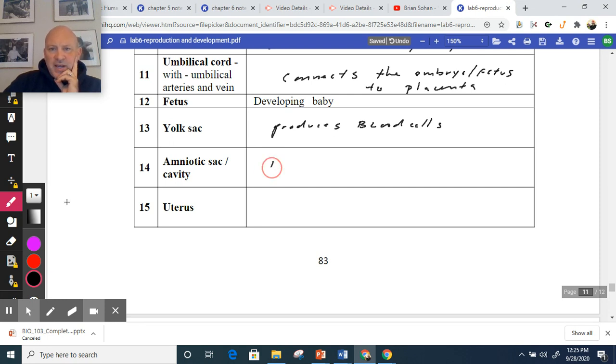The amniotic sac protects the baby using its fluids. And you want to see the notes. There's a more detailed description of how the amniotic fluid helps to protect the baby. And of course, this is the site of development.